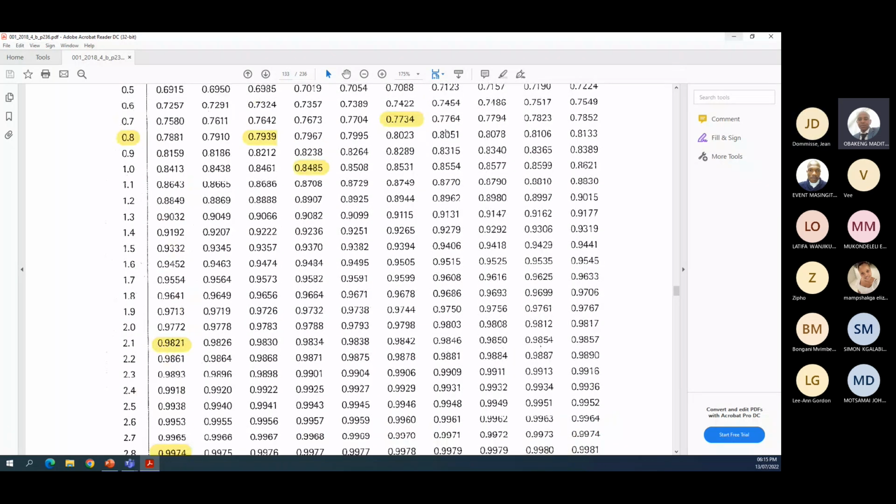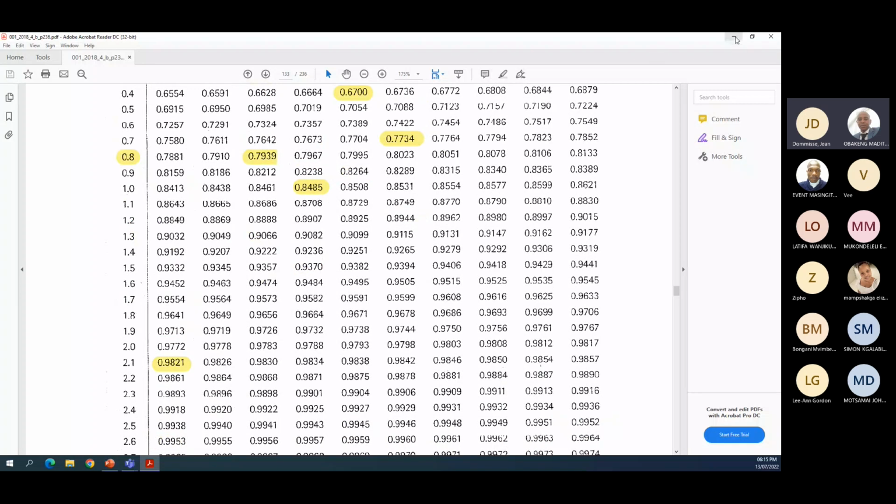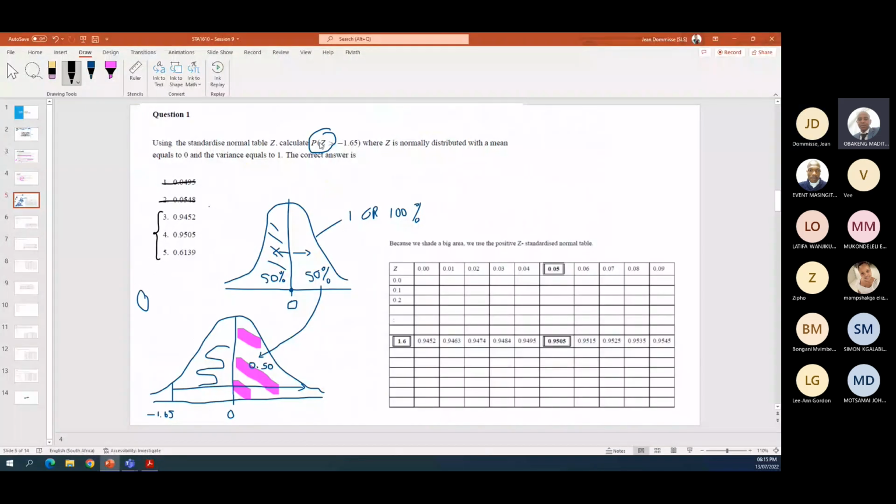So how one looks at it: they ask us to look at bigger than 1,65, so we need to get this area, because that is what they are asking us.